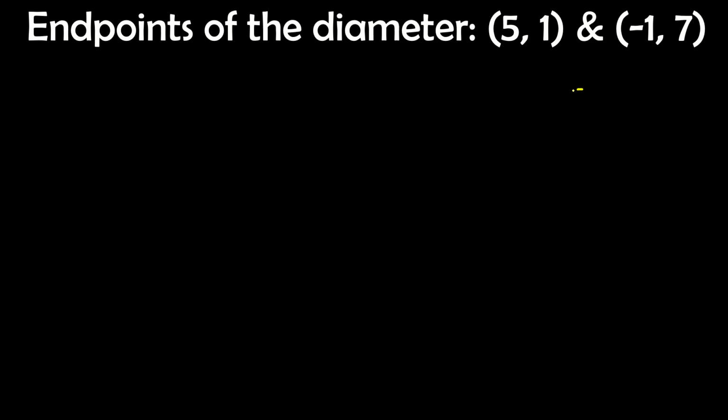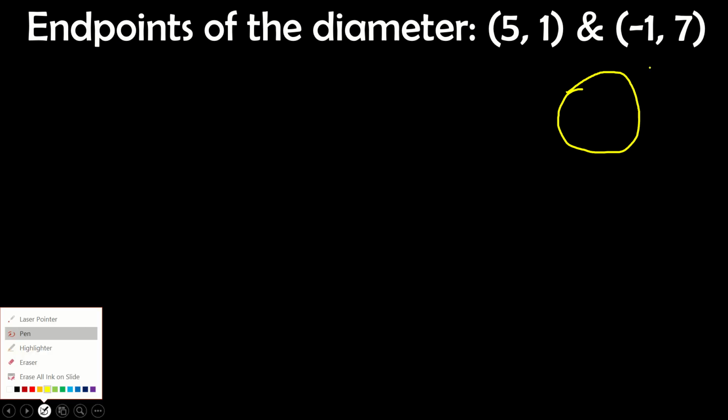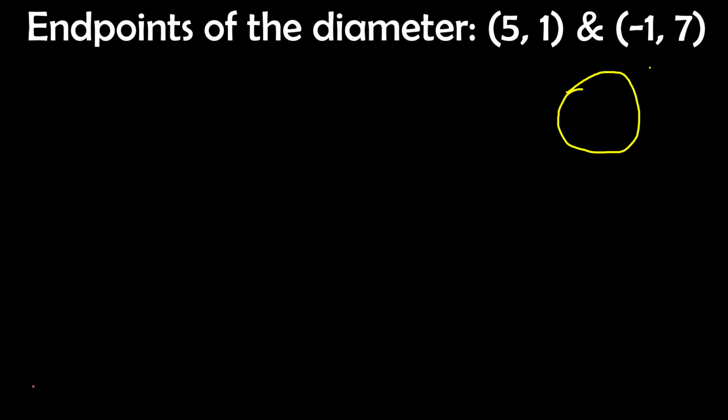So that means kung ito si circle, again, pardon my illustration kung hindi siya mukhang bilog, kung yan yung circle natin, ibig sabihin po, yung isang point, for example, itong point na to, andito si 5, 1.